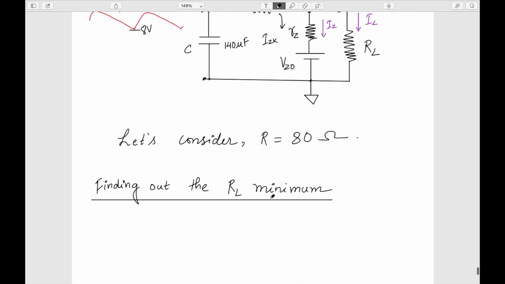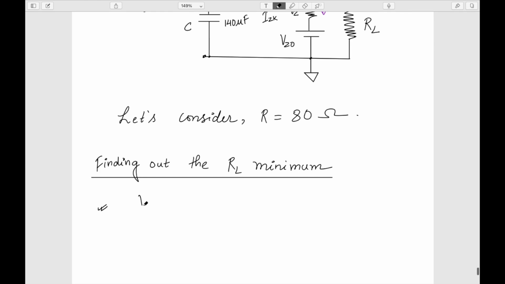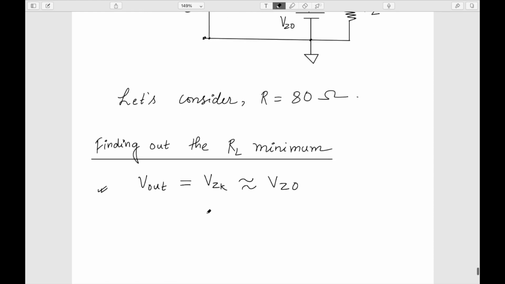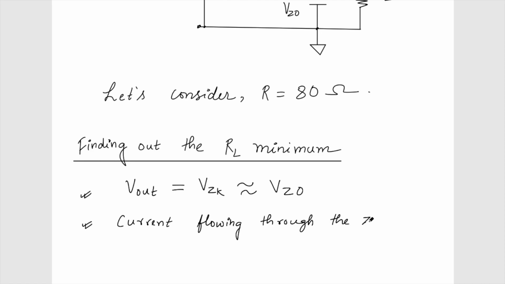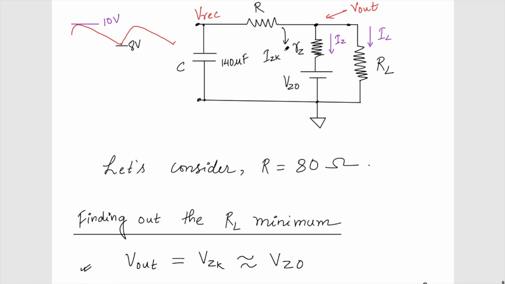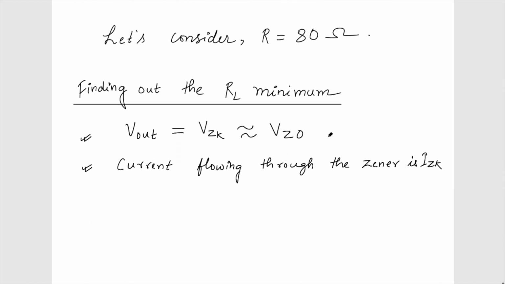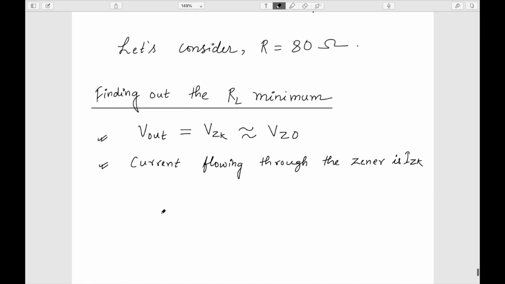So in this case my V out is equal to VZK, which is approximately equal to VZ0, and the current flowing through the Zener is IZK. This is the minimum current that is flowing through it.